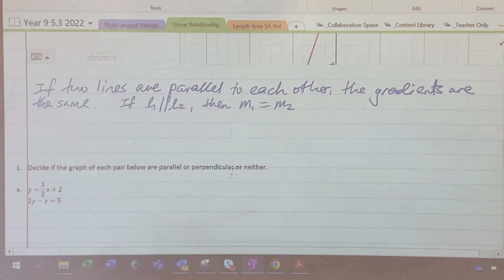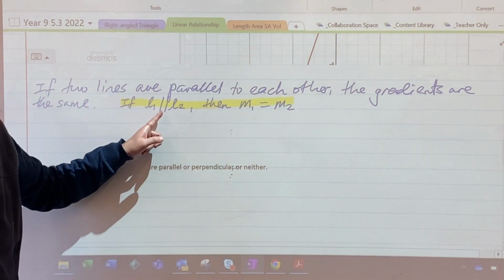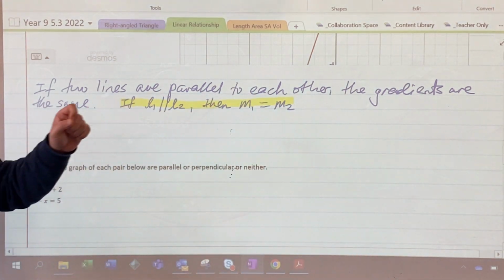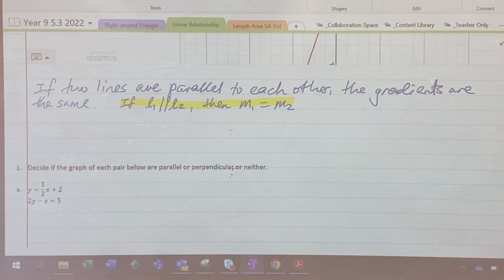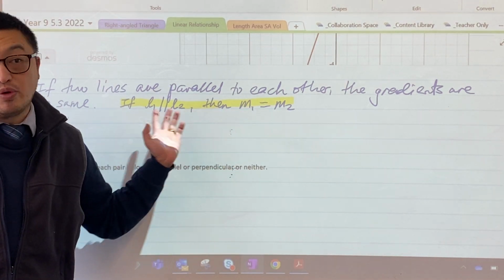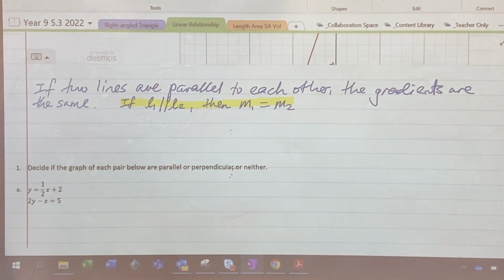M is the gradient, which we said last week. So this is a super important conclusion from today, which I'm going to highlight in yellow, only this part: if two lines are parallel, the gradients are the same. The other way around is also true. If the gradient is the same, then we know the lines must be parallel. Make sense?